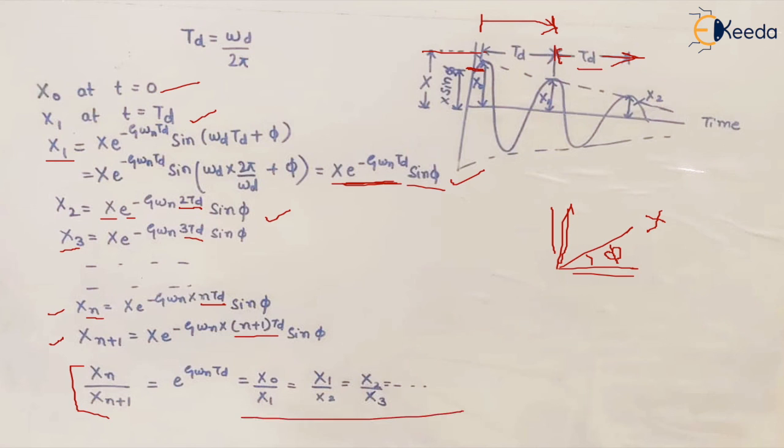It can be done for any successive oscillations, x naught upon x1, x1 upon x2. Sometimes the difference between two oscillations is very small, so at times it can also be done for, let's say, x1 upon x3, that means we are finding the value for two oscillations. So the equation becomes x1 upon x2 into x2 upon x3, and that is how we can solve the values.